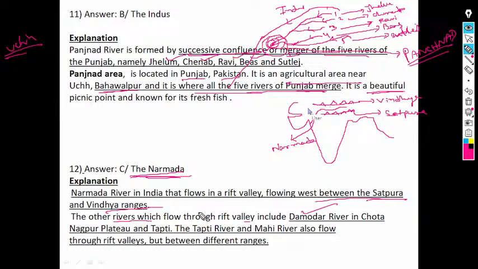The Narmada river in India flows in a rift valley, flowing west between the Satpura and the Vindhya ranges. The other rivers which flow through the rift valley include Damodar river in Chotanagpur plateau and Tapi.